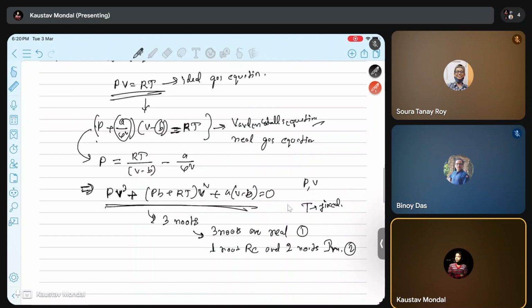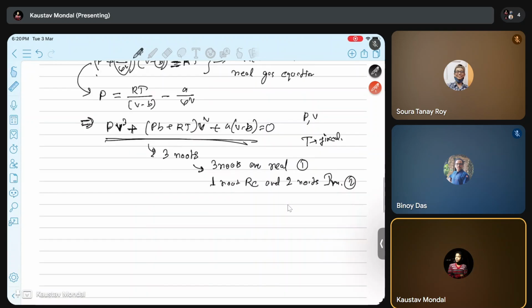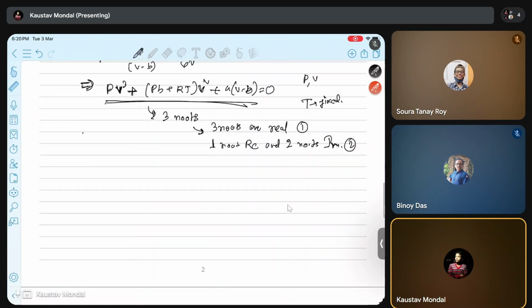Now if you plot it for a fixed temperature, like the cases that you considered for isotherms, in a similar way from this equation also you can calculate the isotherms. For a fixed temperature, if you plot this equation with respect to P and V, the plot looks like this.